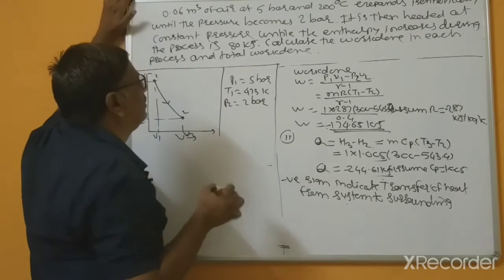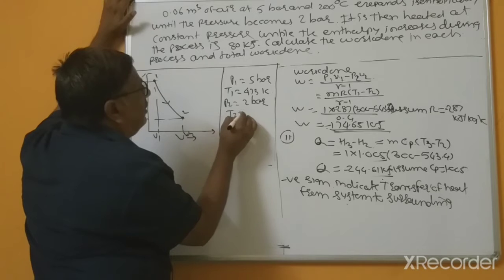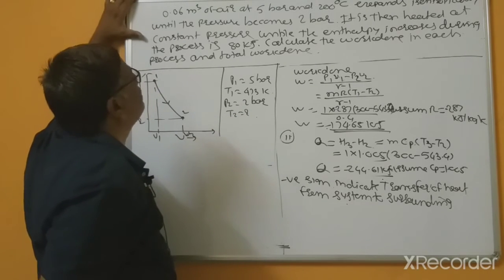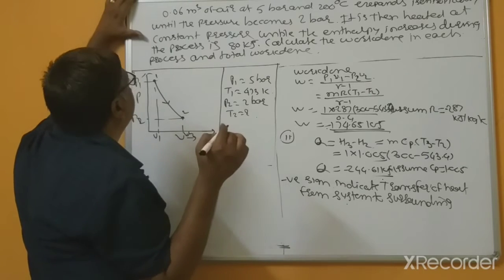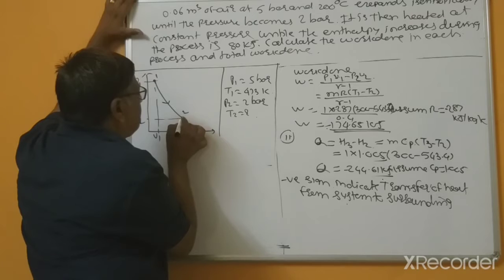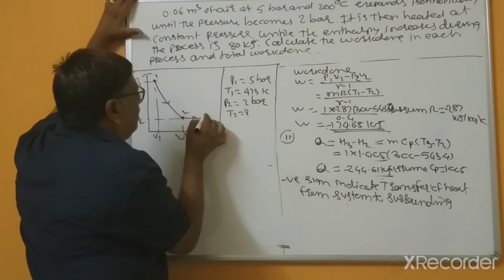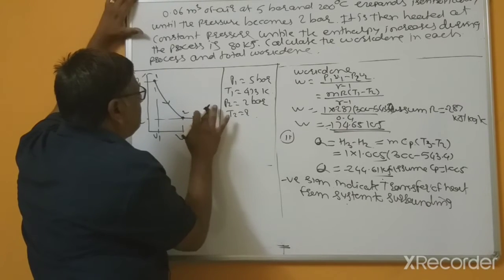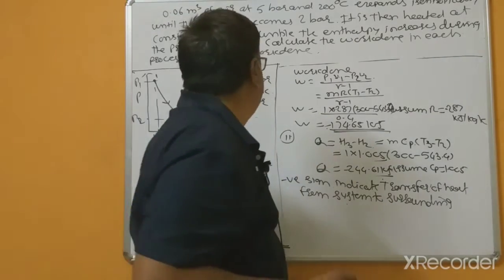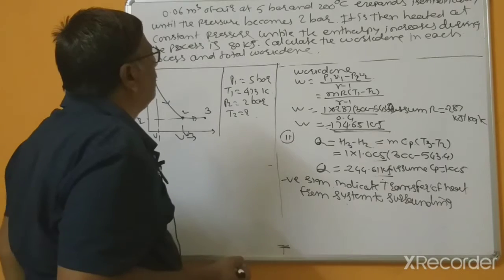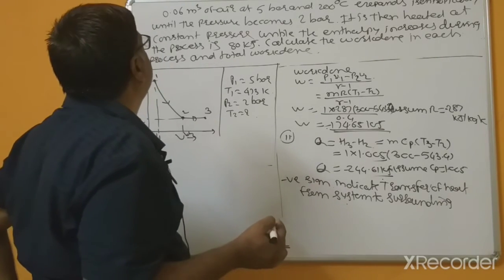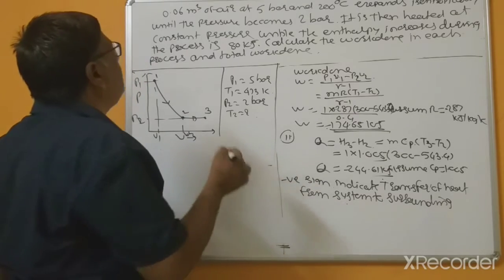So T2 is unknown at this stage. It is then heated at constant pressure until the enthalpy increases, means volume increase, constant pressure. And this is third point. Heated means temperature increase.